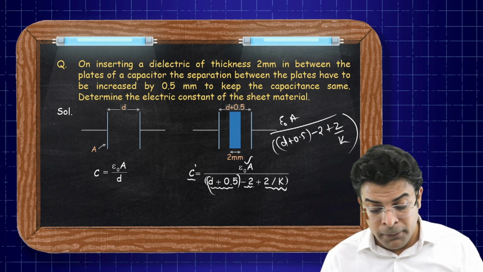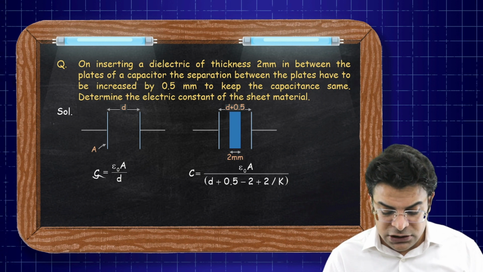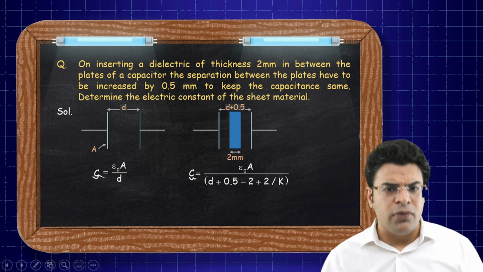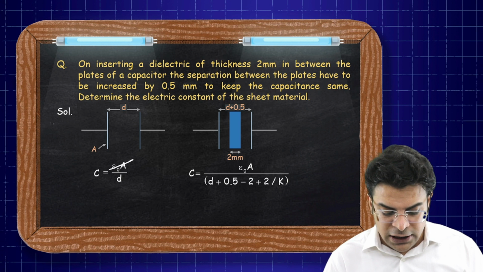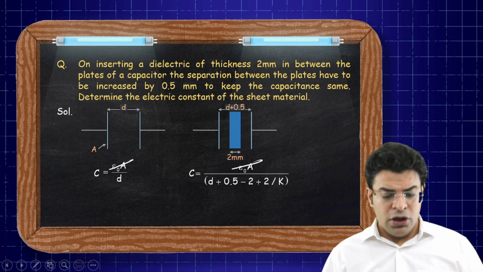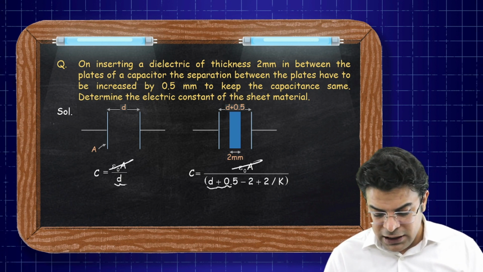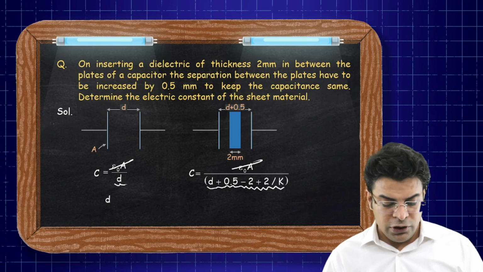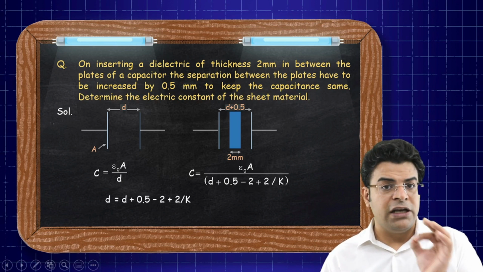Since these two capacitances are equal, simply equate them. When you equate them, epsilon naught A gets cancelled. So what you get is D equals D plus 0.5 minus 2 plus 2 by K.